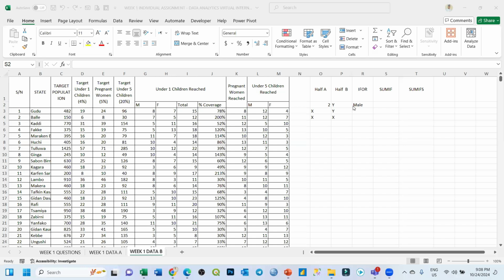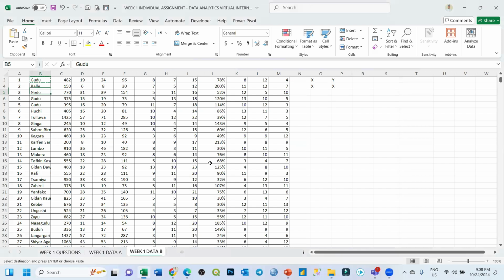I'm going to touch this data. Don't worry, I want to show you something. This Gudu is just the name of an LGA, in Sokoto State. So let me just duplicate this Gudu and put it in many places.